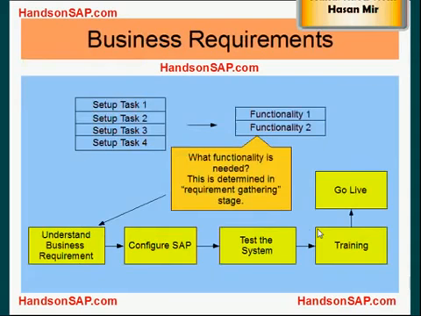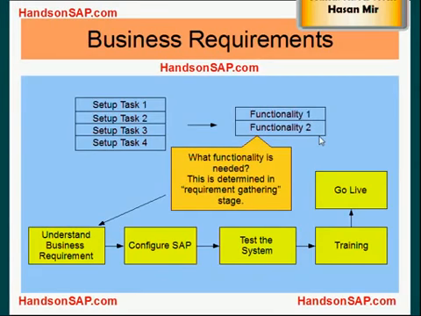Okay, now in order to achieve this functionality, you would perform certain setup tasks. So you have a target in mind that you want this functionality. For example, you want a functionality of check printing. You want invoices to be entered in a certain way. You want these reports to be run by the user. So these are all examples of functionality.